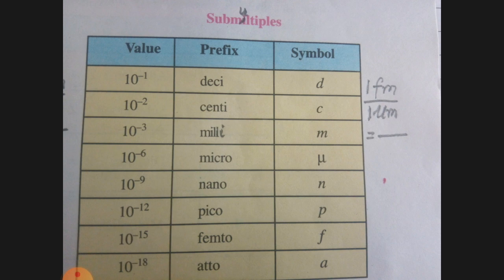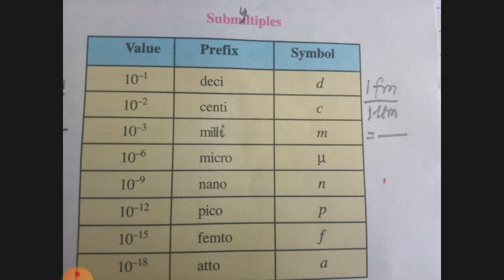Here beside the table, I have given you one question to solve as an exercise, for which this table will be useful: 1 fm upon 1 μm equal to dash.